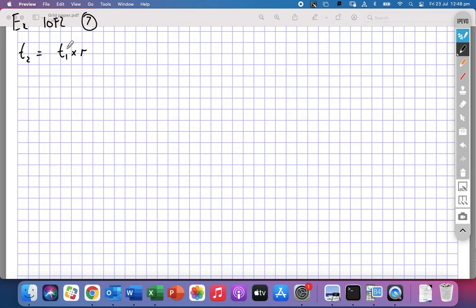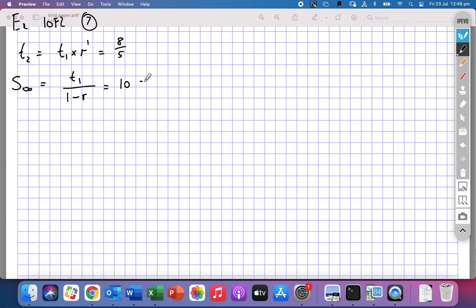So it would be T1 times R equals 8 fifths. And they've told me that if I do this sum infinitely, the answer gets to 10. So my infinite series formula looks like this, and the answer to that is 10.